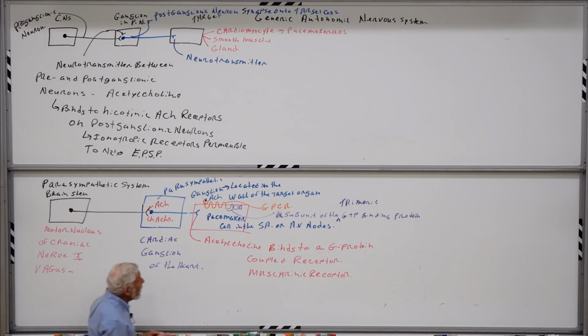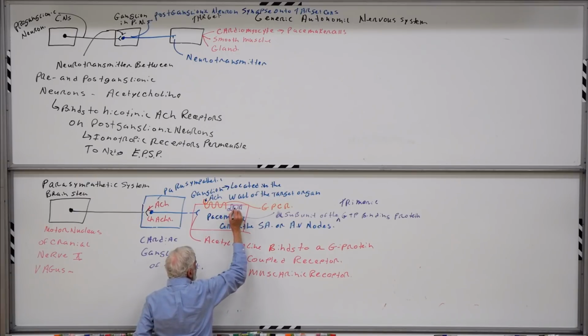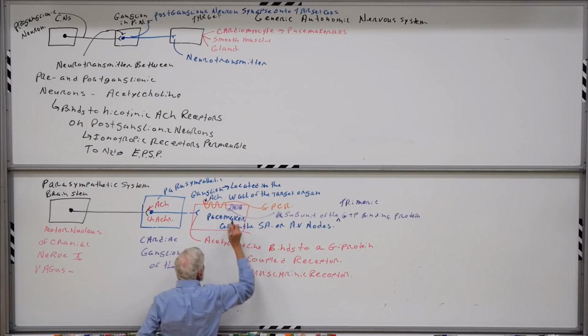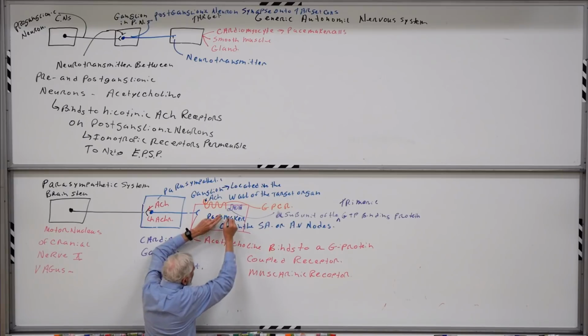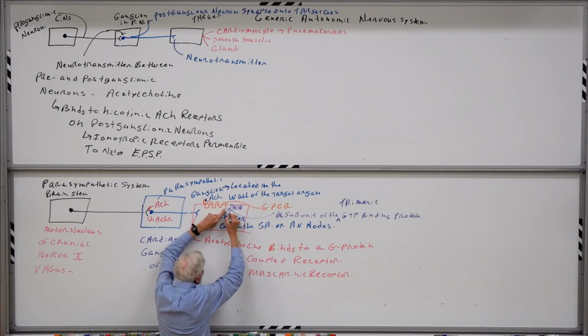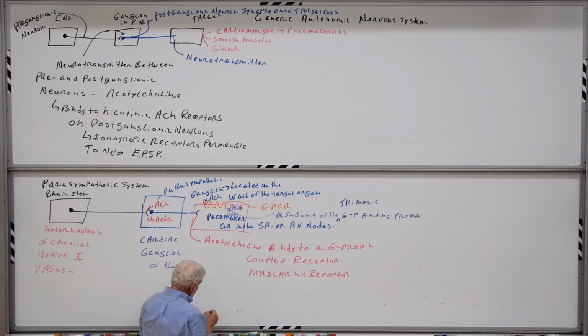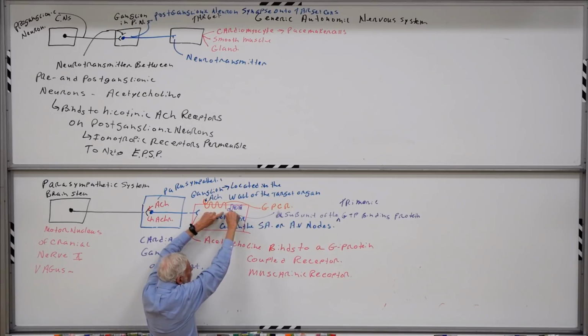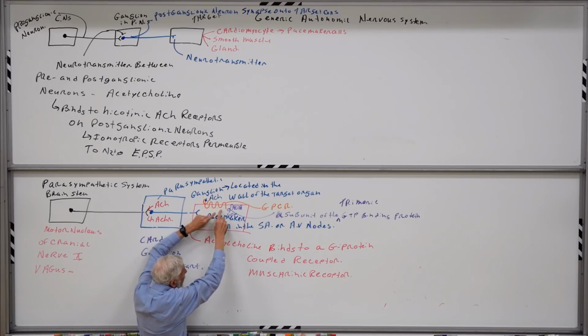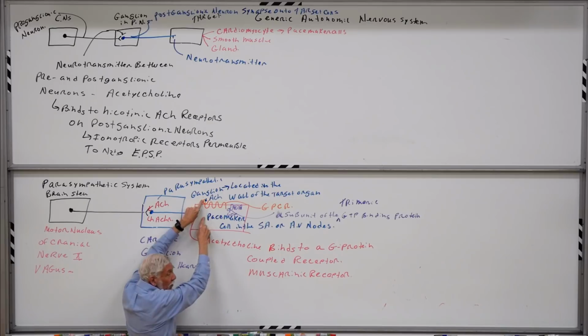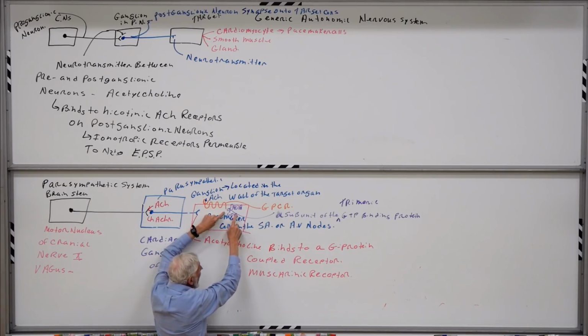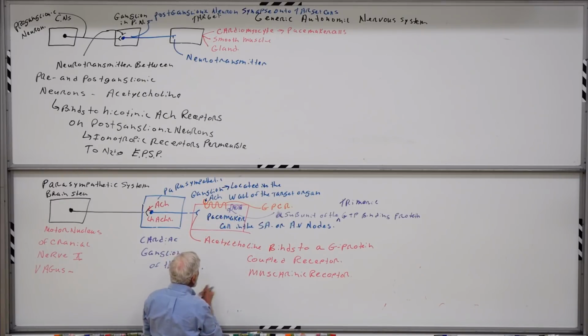We said that normally when this alpha subunit and the beta subunit and the gamma subunit are all tied together, then this alpha subunit has on it a guanosine diphosphate, a GDP. But the outcome of the alpha subunit binding to the three-dimensional structure of this G-protein coupled receptor is to have this GDP replaced by GTP.